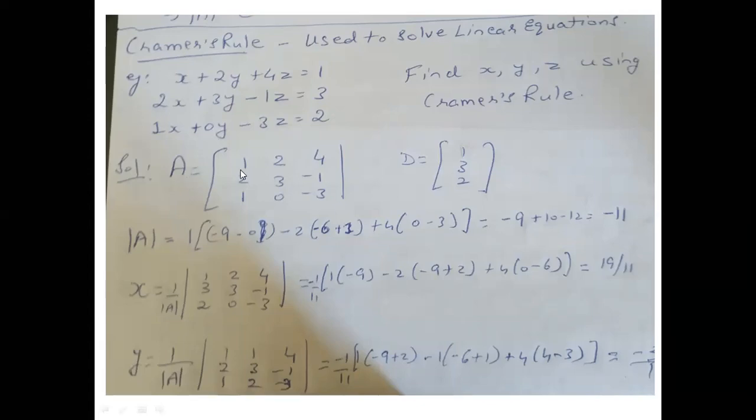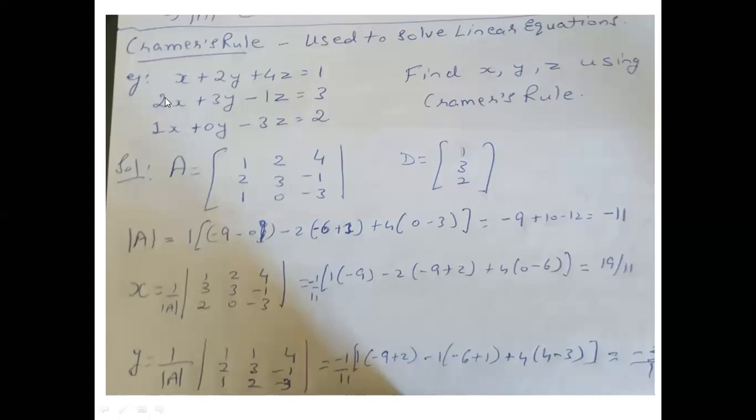The question is we need to find x, y, and z using the Cramer's rule. So the first step is to write this set of equations in the form of some A and D. A will be nothing but the coefficients of the variables on the left hand side. The first equation has the coefficients 1, 2, 4, so we write this in the first row.